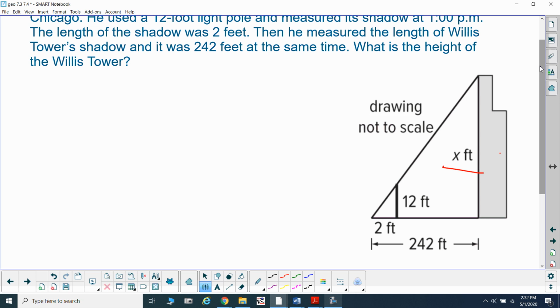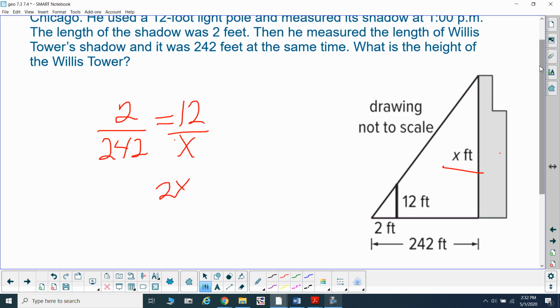So I'm just going to set up a proportion, 2 feet. So the shadow of the light pole over the shadow of the building, similar things together, equals, I'm going to go back to the light pole because I started with the light pole, the height of the light pole over the height of the tower.